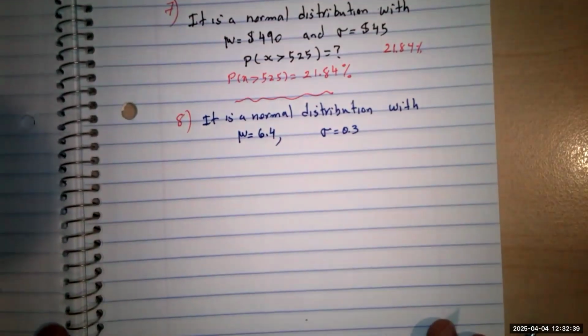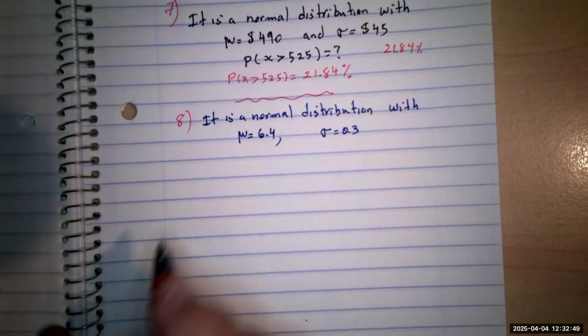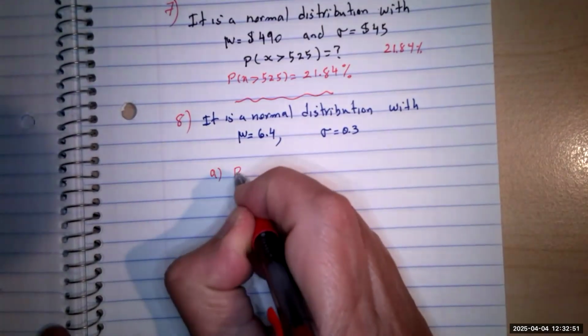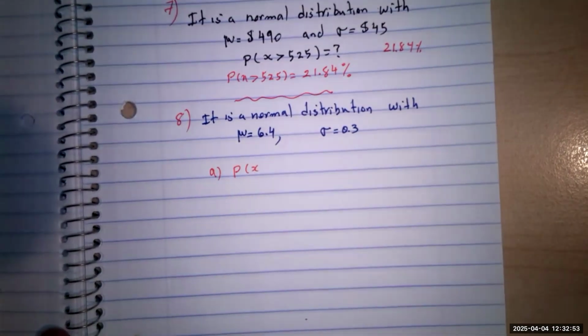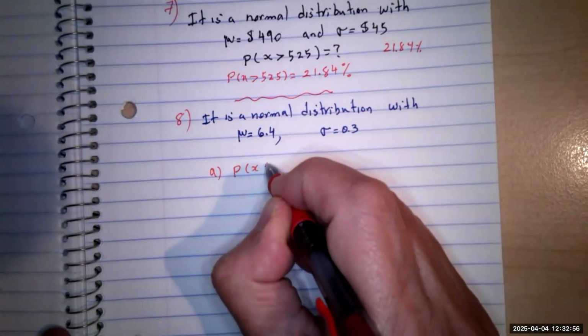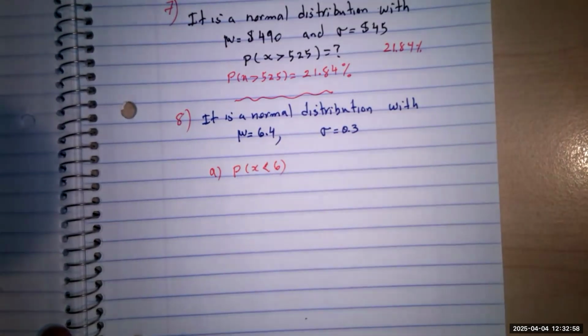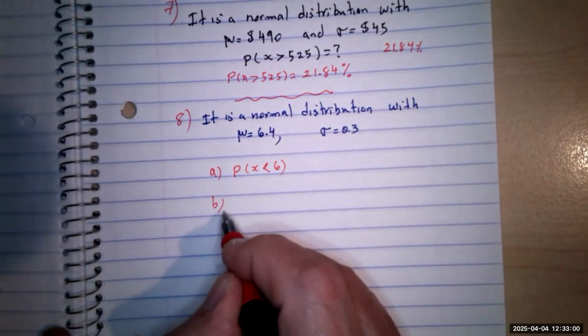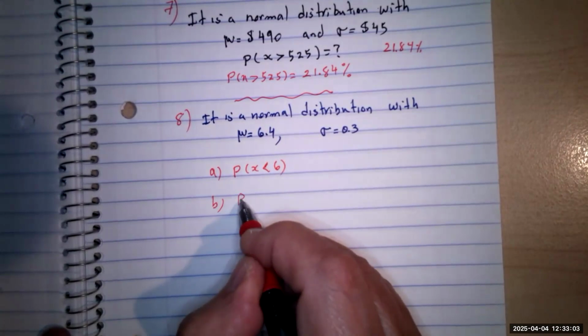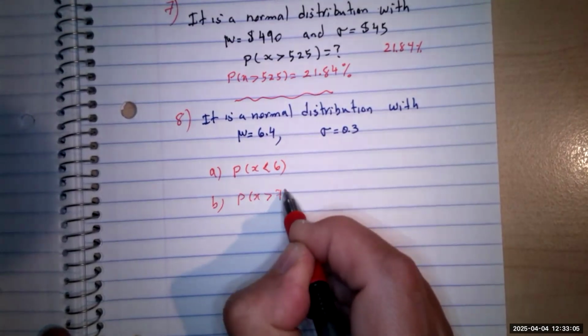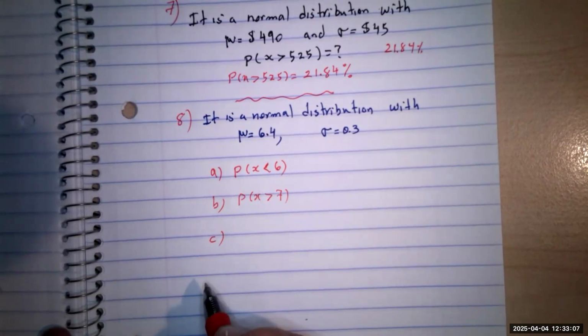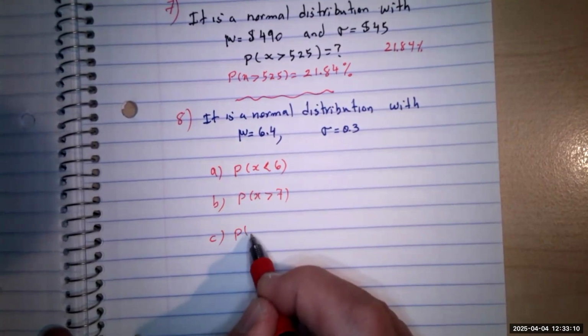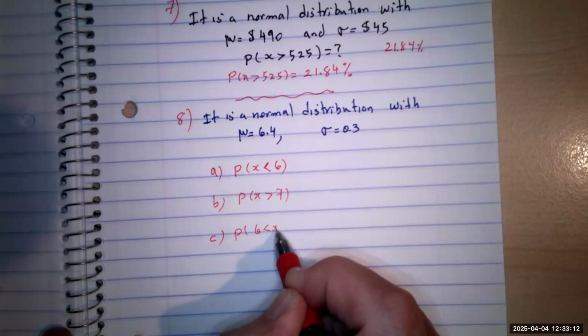The sample size is 1 in all these problems. So we pick one truck out and ask: what is the probability that weight X is less than 6 tons? That's the first part. The second part: what is the probability that it's more than 7 tons? And the third part: what is the probability that X is between 6 and 7?